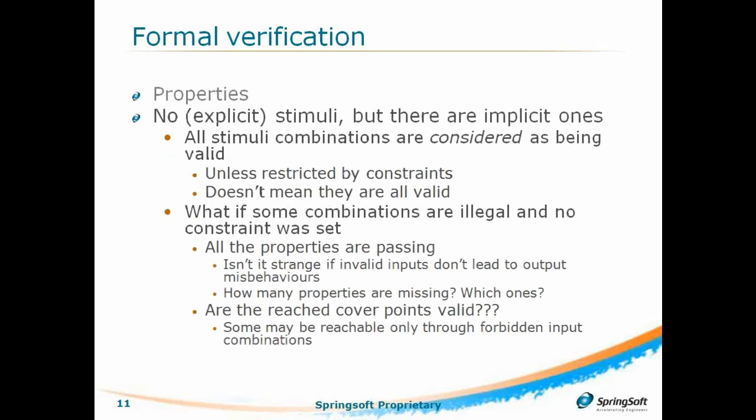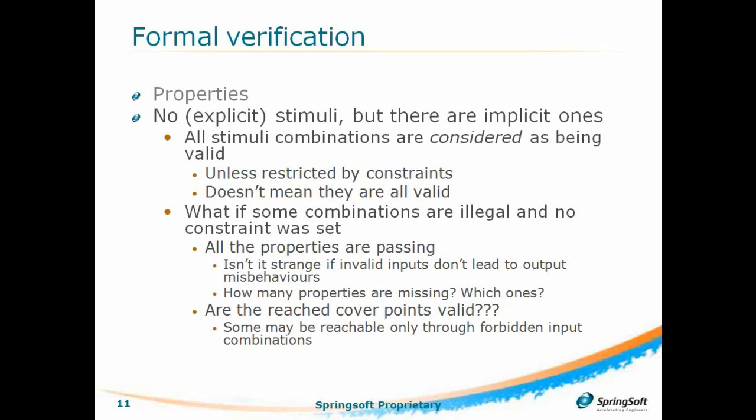Then there is another aspect which is commonly said about formal verification, that you don't have stimuli. Again, I would question that statement and would prefer to say that there is no explicit stimuli, but there are certainly implicit stimuli. And all the stimuli combinations are considered as being valid unless they are restricted by constraints.